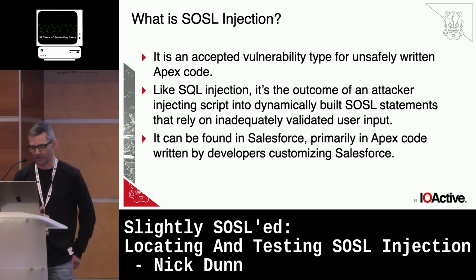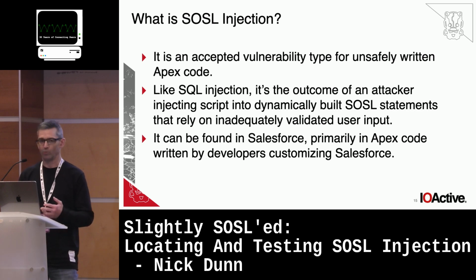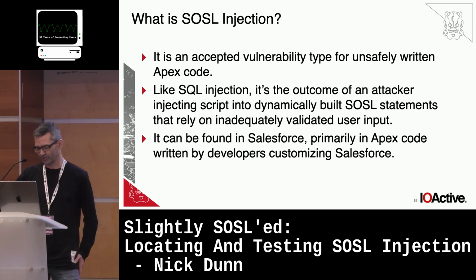SOSL injection, as I've heavily hinted, is an accepted known vulnerability type that you will find in Apex code where someone's built up dynamic queries of the type we've just seen, but with poorly validated inputs or with not a lot of forethought as to what can go wrong.